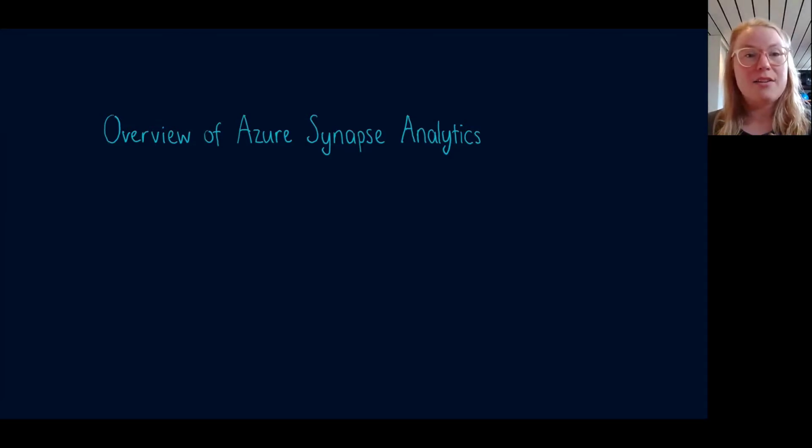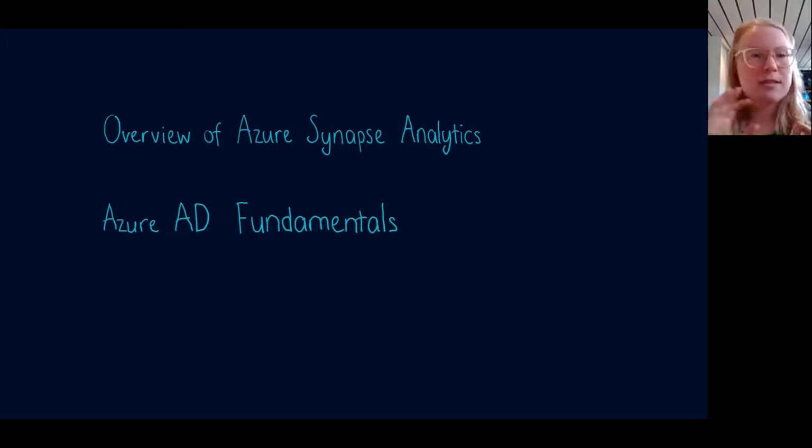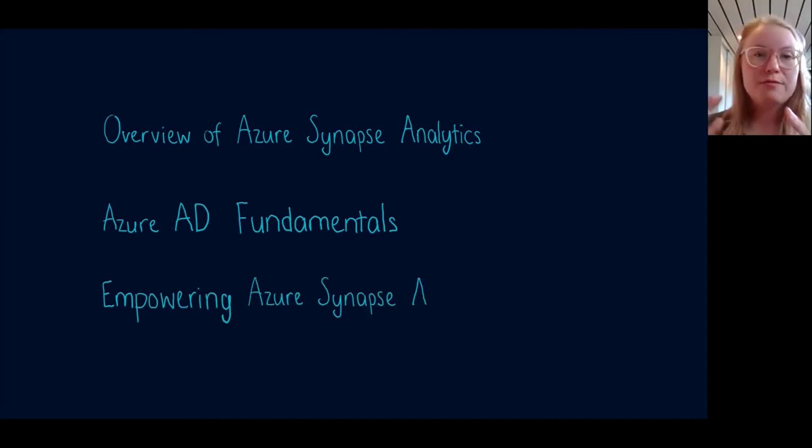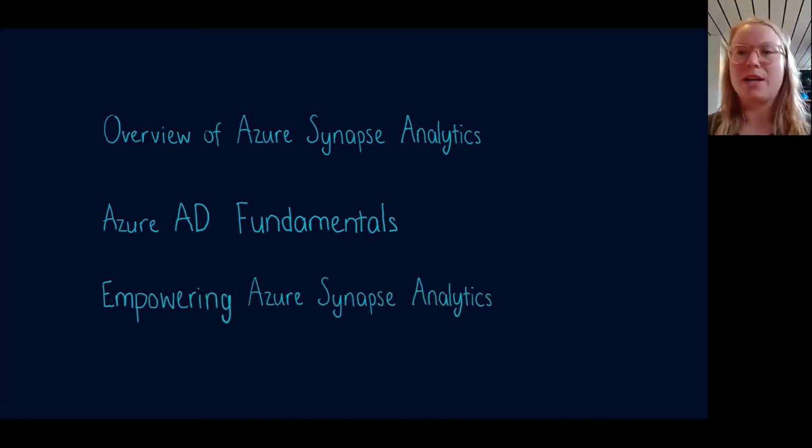Let's then take a look at Azure AD fundamentals, just some basics so that we are on firm ground before we start looking at how these two fit together and what are the different aspects that we need to consider in terms of access control when we're talking about Synapse Analytics. So that is our goal today, and we'll chip at it one piece at a time and then try to put the entire picture together of all the components.